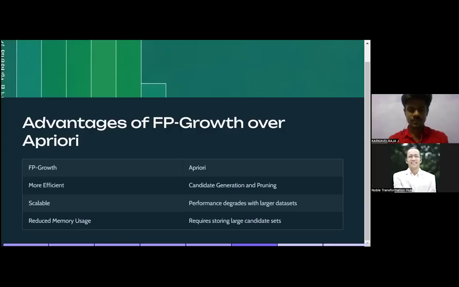So you can see the FP growth advantages and the Apriori disadvantages. Reduced memory usage helps FP growth, but Apriori requires storage for large candidate sets. Those are the differences, and this is how you need to understand each algorithm: what the pros and cons are, what the limitations are for different algorithms, why you are choosing which model, and what the data is.